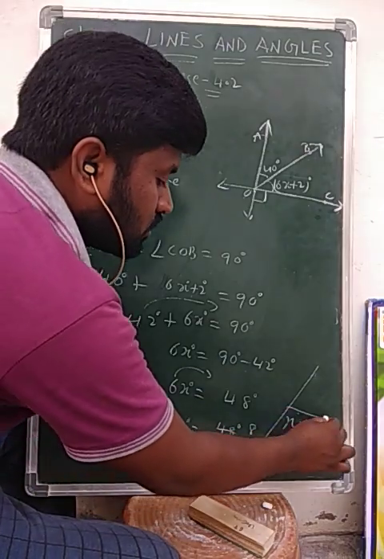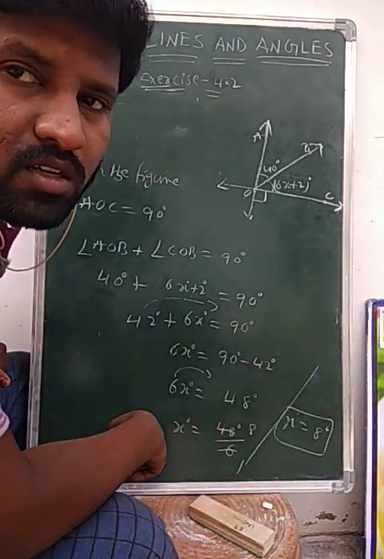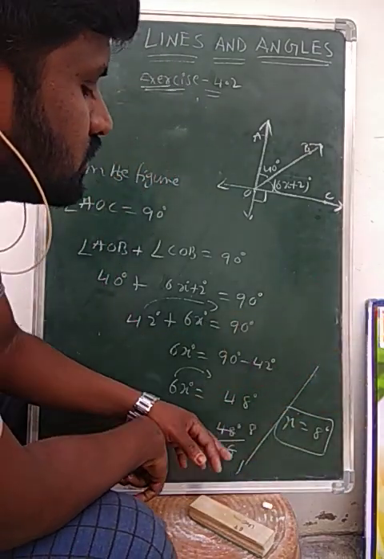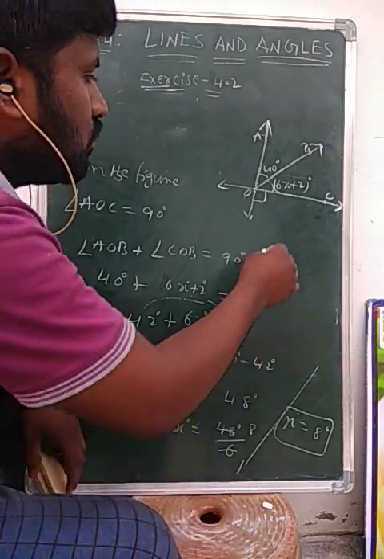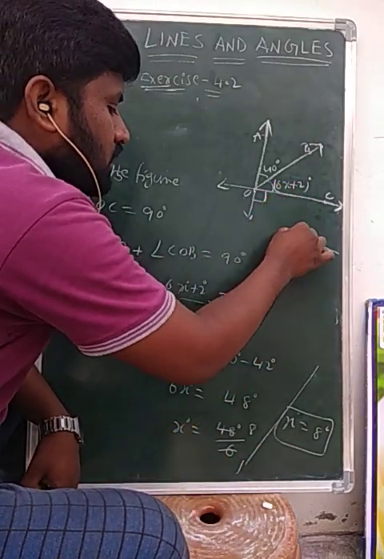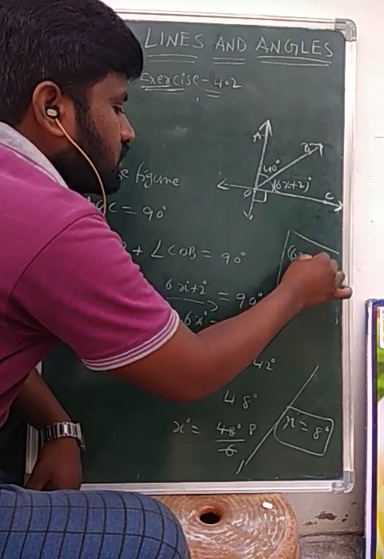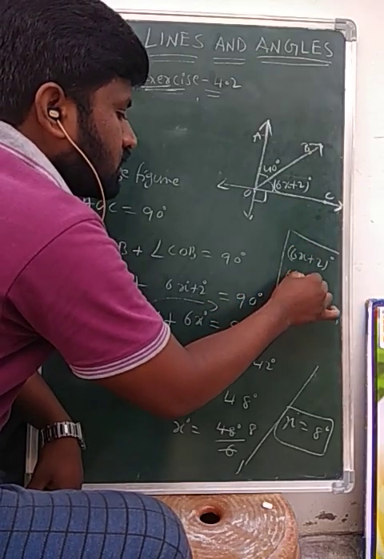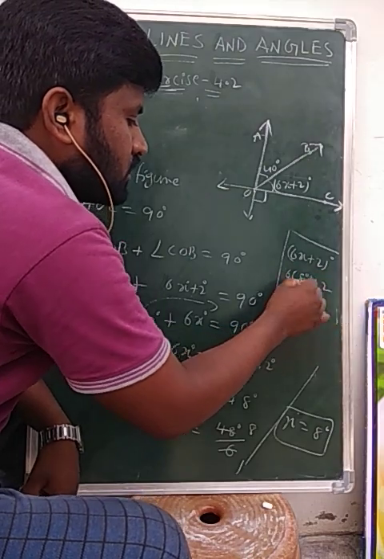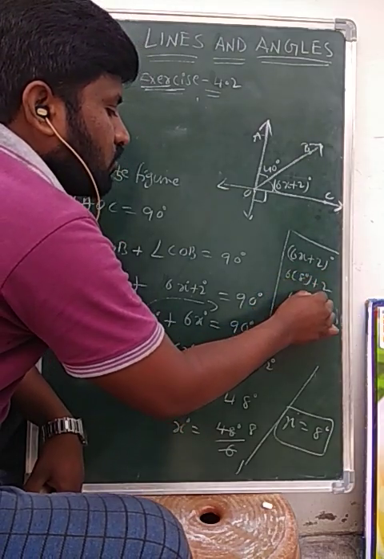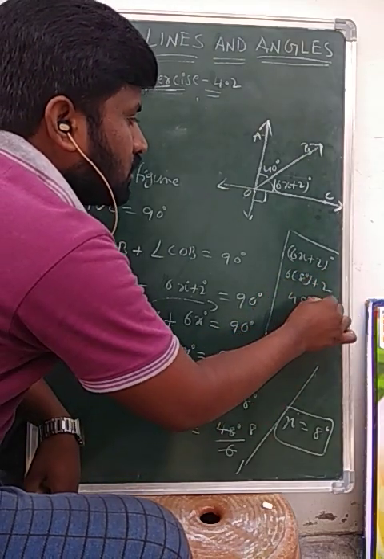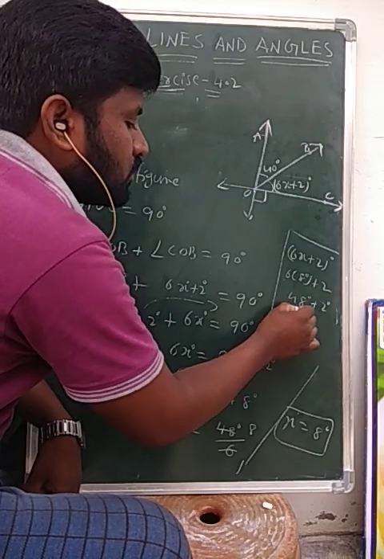Okay, so this is the required answer for this question. x is equal to 8 degrees, means what we get here? 6x plus 2 degrees means that is 6 into 8 degrees plus 2 degrees. 6 8s are 48 plus 2 degrees. 48 plus 2 means what?